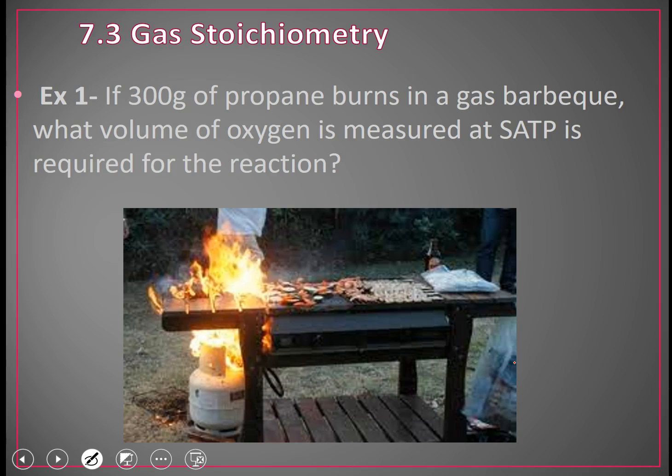Alright, so let's go look at some questions. The process for stoichiometry is going to be exactly the same, so let's do a quick refresher on our steps. Obviously, we have to read the problem. Once I've read the problem, the first thing I should do is write out the balanced chemical reaction and write my givens underneath it.